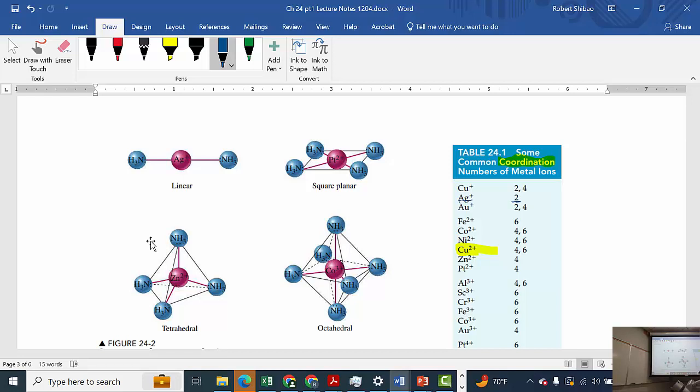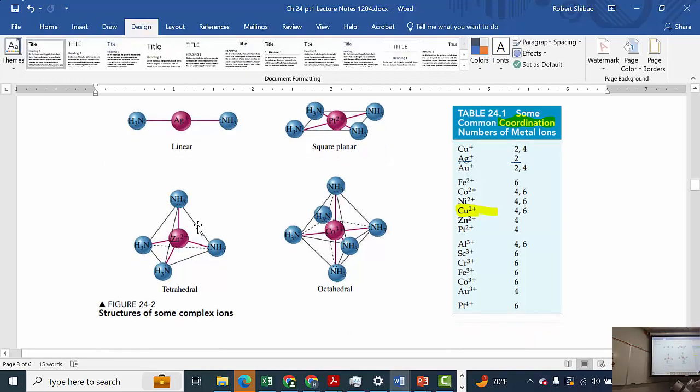This is the coordination number, so it can only form 2 bonds. Platinum depends if you're looking at platinum 2 or platinum 4. If we're looking at platinum 2, its coordination number is 4, but it could be square planar or it could be tetrahedral.